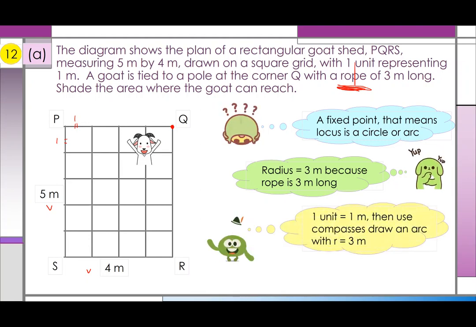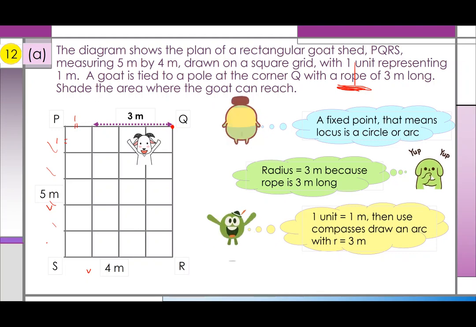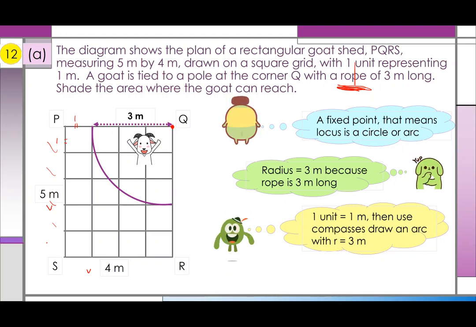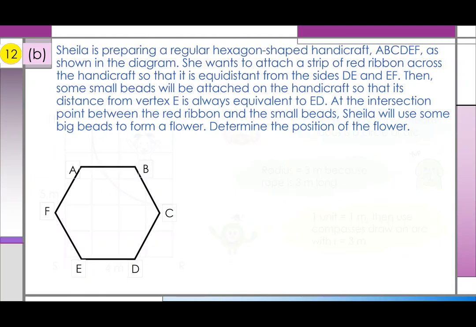One unit equals 1 meter, because here there are 5 squares, 5 meters. Then use a compass to draw an arc with radius 3 meters. That means the goat can reach this area only. Shade the area.